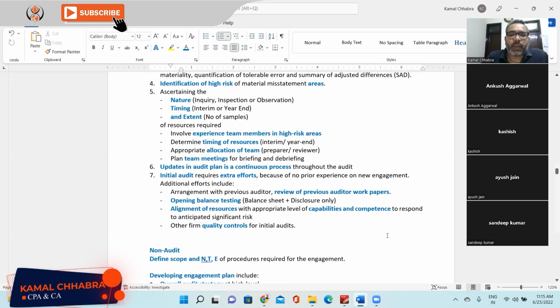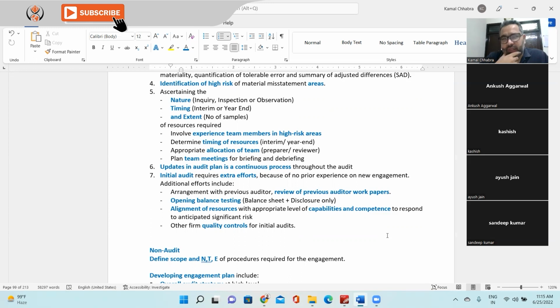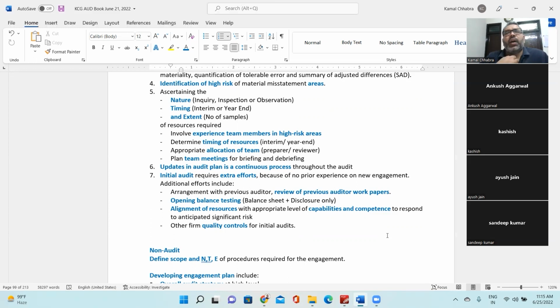Next is plan team meetings for briefing and debriefing. Every audit requires internal team meetings. At least 4 team meetings are required for a listed company. One is at the planning stage, one is at the interim stage, right?